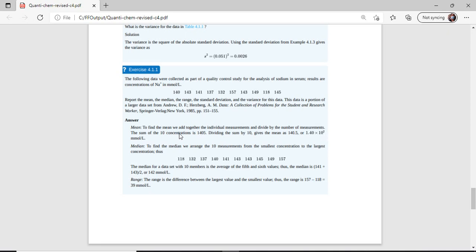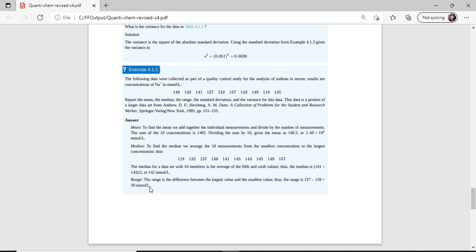Now, for the median, arrange your values from lowest to highest. What is your lowest? The lowest is 118. Next, followed by 132, 137, 140, 141, 143, 143, 145, 149, and 157. If there are identical numbers, like the 143, they appear twice. Since you have an even number of values, the middle part is 141 and 143.